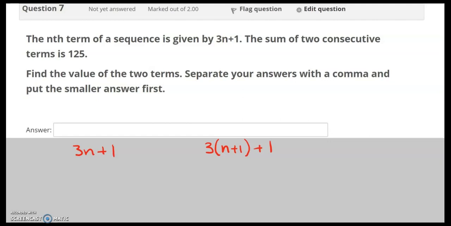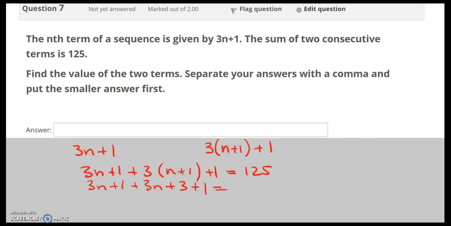So what this means is that the sum of these two together is 125. So 3n plus 1 plus 3 lots of n plus 1 plus 1, all of this equals 125. So we can expand: 3n plus 1 plus 3n plus 3 plus 1 is equal to 125.